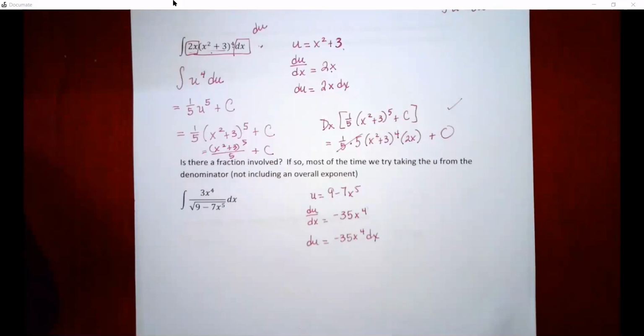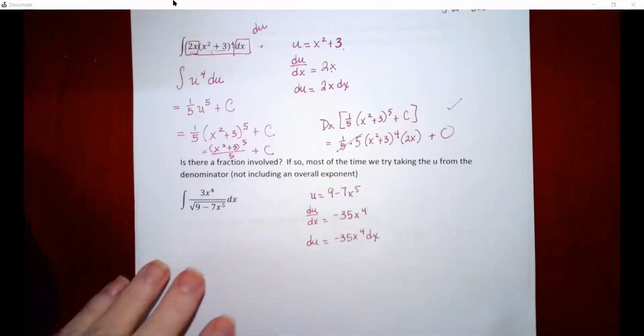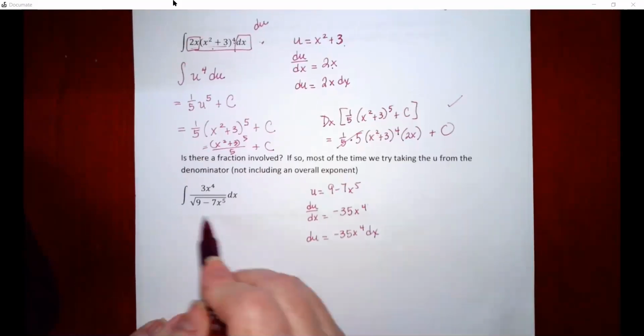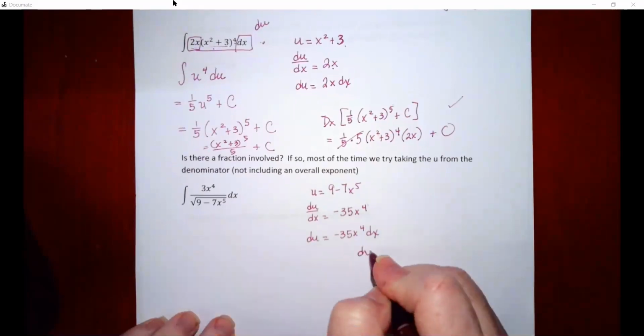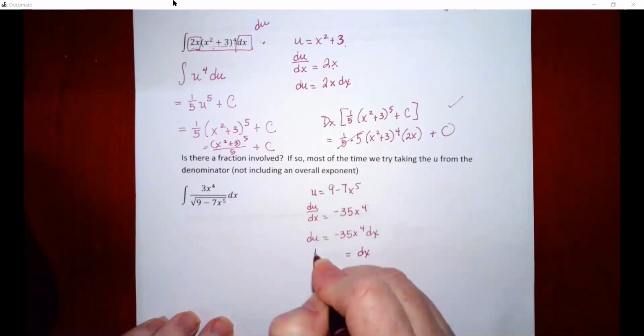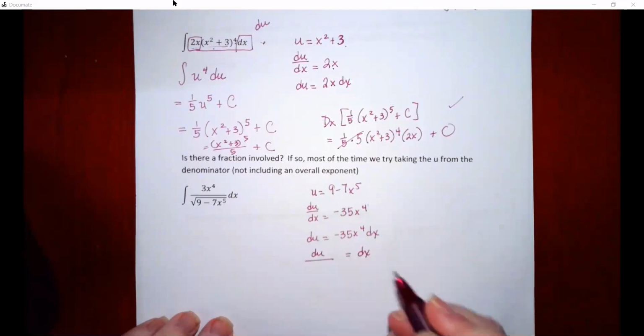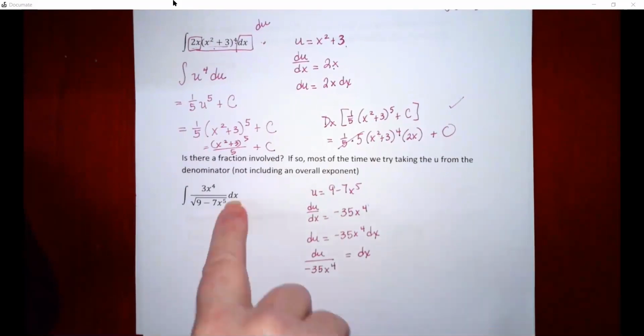Everybody has their own personal preference, and there are several ways we can do this that would be correct. You can say, all right, I'm trying to rewrite this in terms of u, so I could solve this for dx. So dx would be du over negative 35x to the 4th, and then just plug it in.